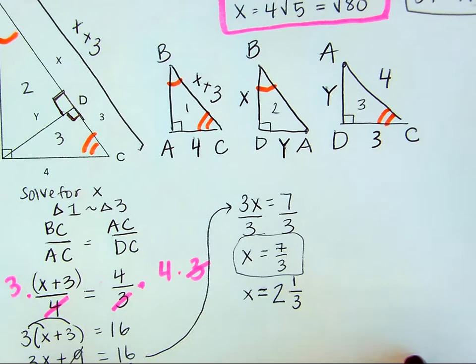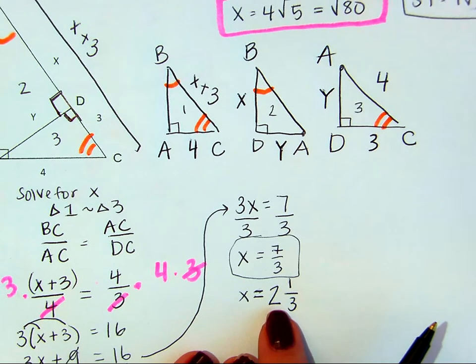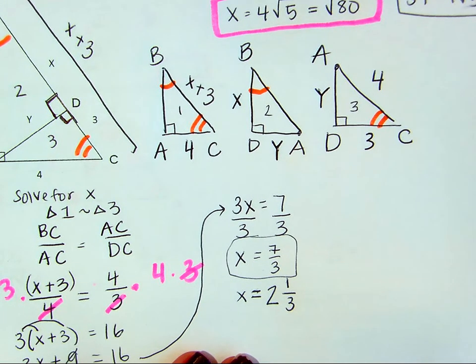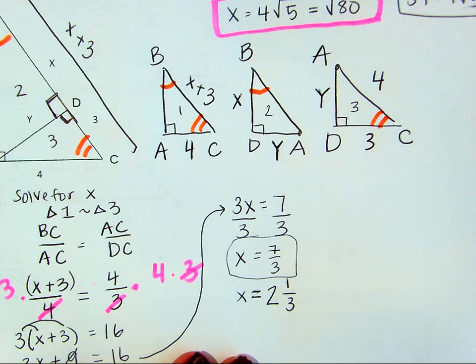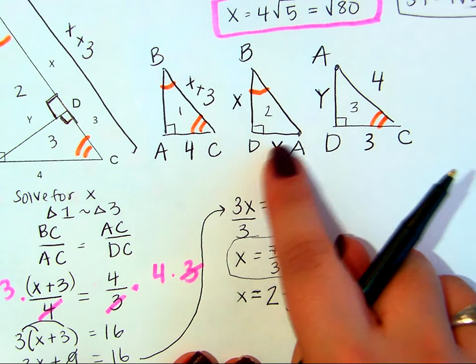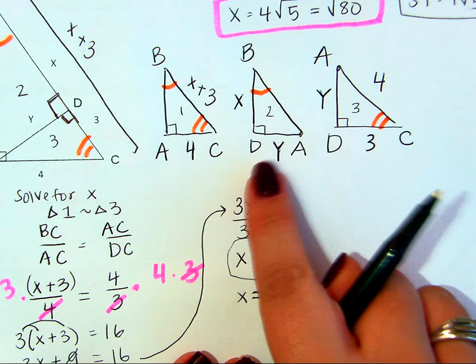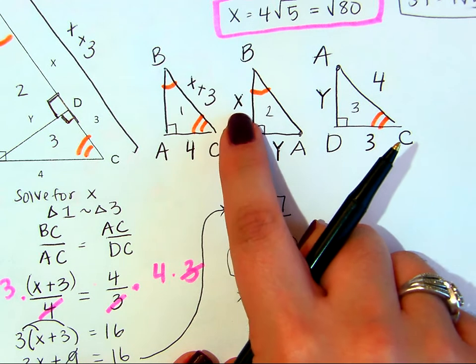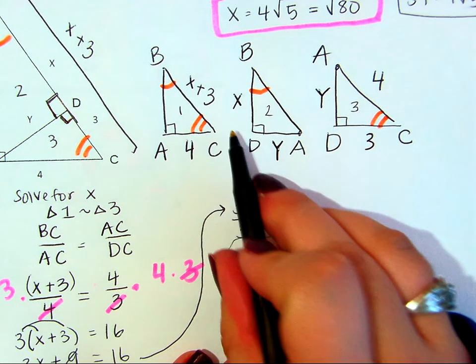Now that I know what x is, I'm going to solve for y. So where's y? I have y here on triangles 2 and 3. And I know what x is now, so I can plug in and find the value of y.